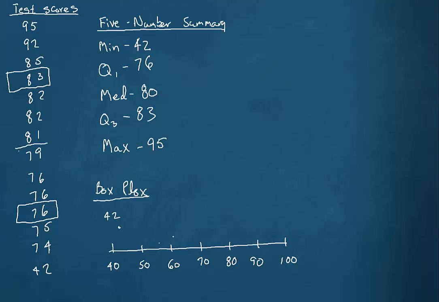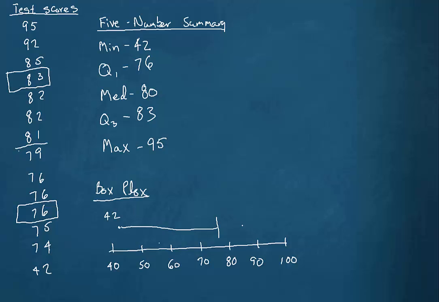Then a vertical line will be drawn at the first quartile, and it'll be drawn in such a way that a horizontal line would connect that minimum value dot to the midpoint of that line segment.